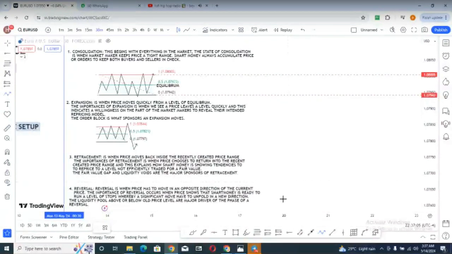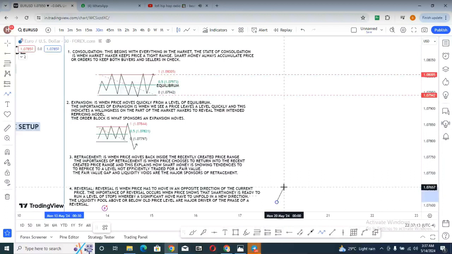Now, a reversal comes this way majorly. A reversal comes this way.